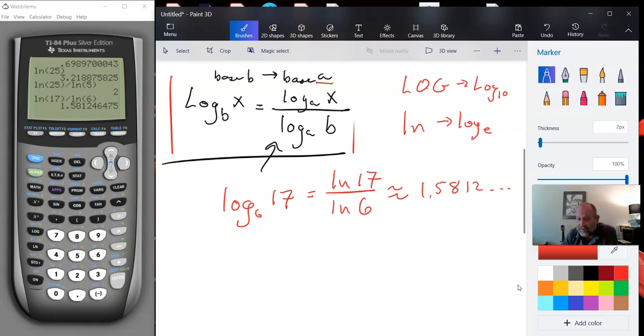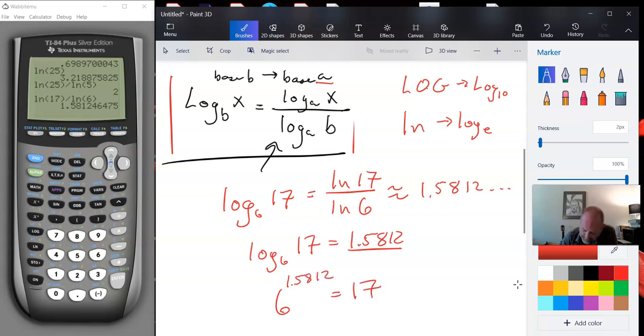Here's how you check your answer, right? If this is actually a true statement, log base 6 of 17 is equal to 1.5812, dot, dot, dot, then that means that 6 to this power should be 17. Now this was rounded, right? So it's not going to be exact, but it should be really, really close. So let's do that.